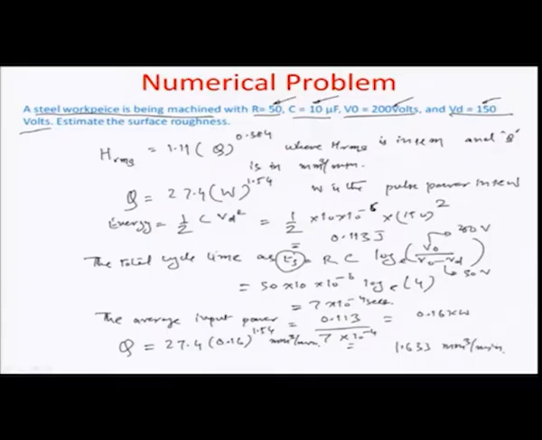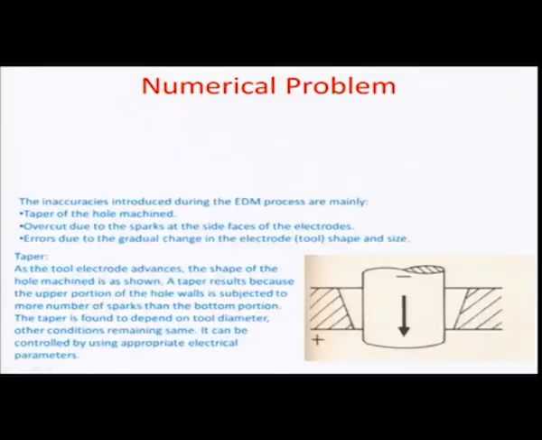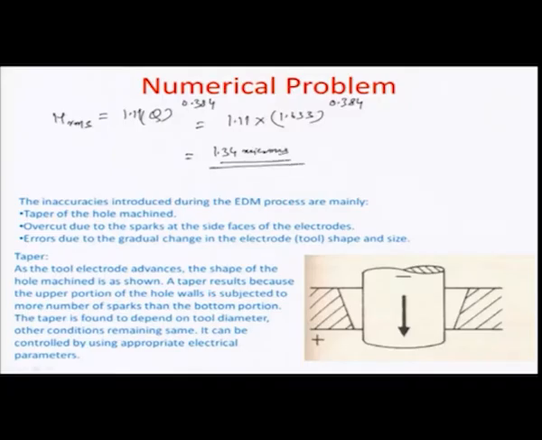Based on that, subsequently we can find out the surface finish by using the expression HRMS equals 1.11 Q to the power of 0.384, and this is 1.11 times 1.633 to the power of 0.384, which becomes 1.34 microns. So essentially this is how the HRMS value comes out.